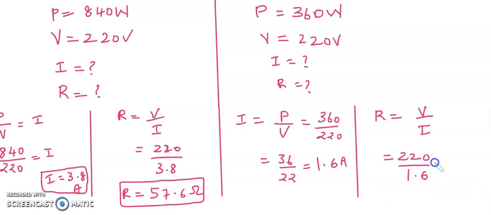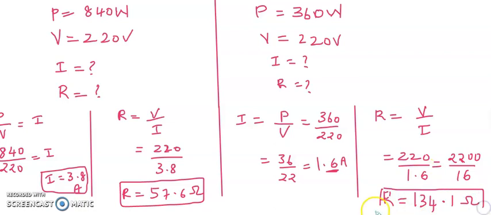That can be written as 2200 divided by 16, so resistance is approximately 134.1 ohm. The current is not exactly 1.6, it's 1.64 something, a recurring decimal. So if you put that, you get your resistor to be 134.1 ohms.